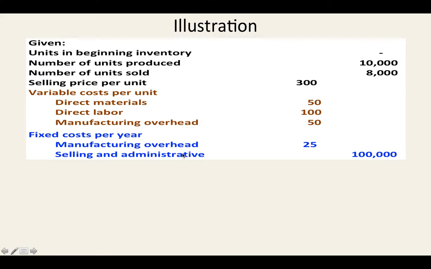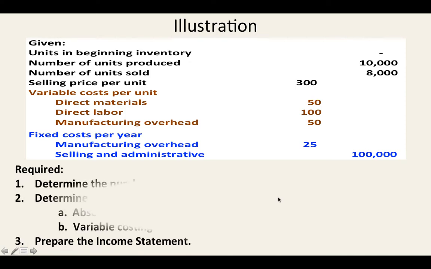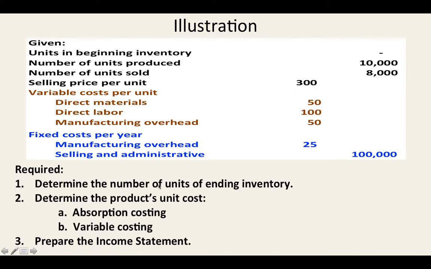Here, yung manufacturing overhead given in per unit, in selling and admin, in total amount. Okay? So what is required? Determine the number of units of ending inventory. Number 2, determine the product's unit cost under absorption costing and variable costing. And third, prepare the income statement. Okay, let's do that.